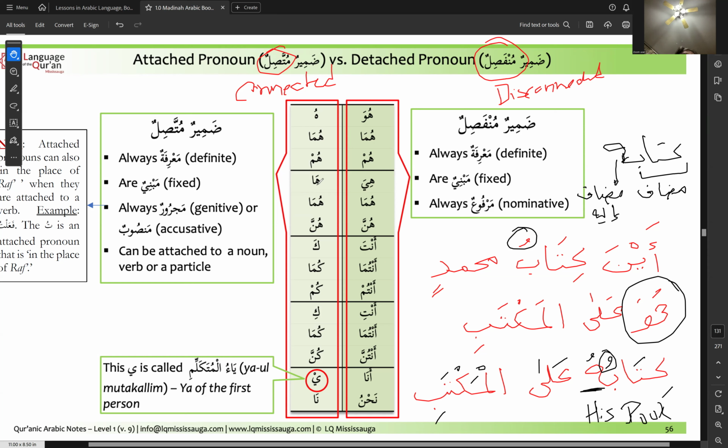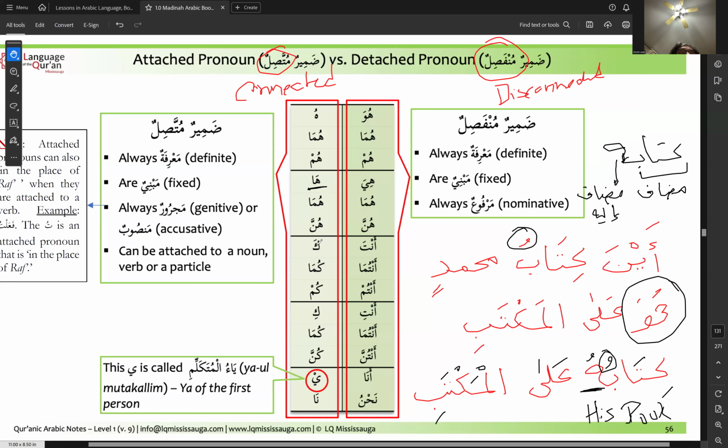Hiya turns into ha when it's connected to the word. Huma, same thing on both sides. Huma is huma. Hunna is hunna. So both of these are the same. Then you have anta. Anta means you. Ka at the end is the connected pronoun.